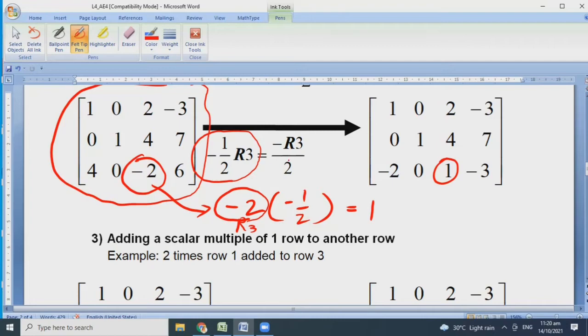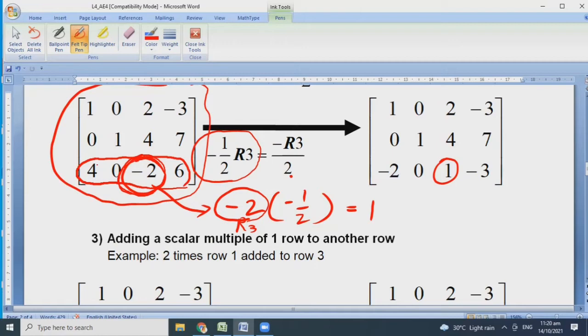When you apply this formula, negative 1/2 times row 3, not only the negative 2 will change. Right? We're targeting this negative 2 to become 1, but even all the entries in this row will change. Because when we say row operation, the computation is by row. All the entries, though your target is only one entry, are included in the computation. You will apply the same formula.